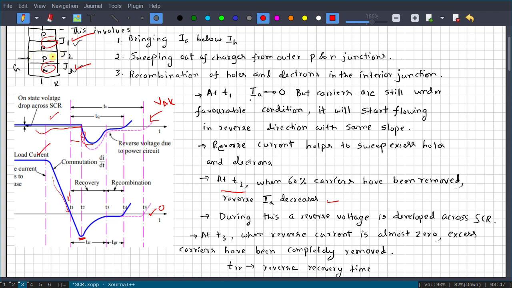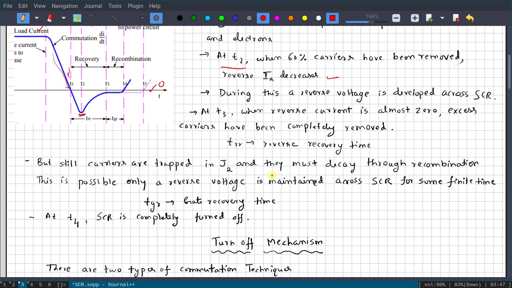The inner junction is J2, where the excess holes and electrons are trapped. They can't go out because J1 and J3 are not allowing. So current is trapped in J2. Now they must decay through recombination. How can I remove that inner junction charge? The only possibility is recombination. When the excess holes and electrons recombine, you are removing those excess carriers.